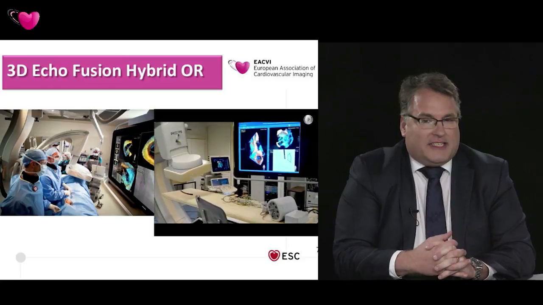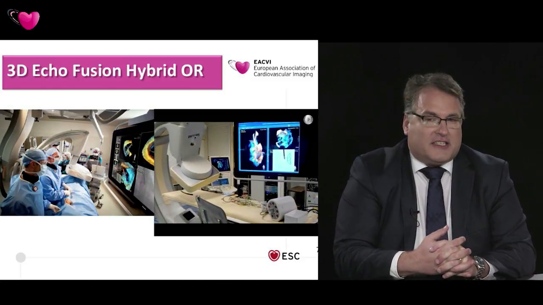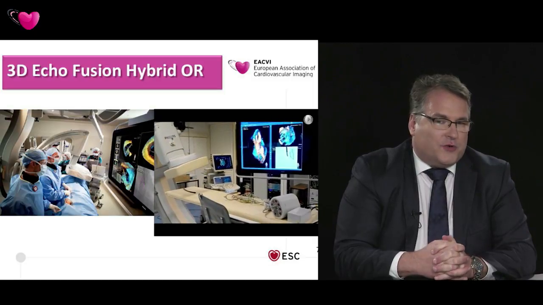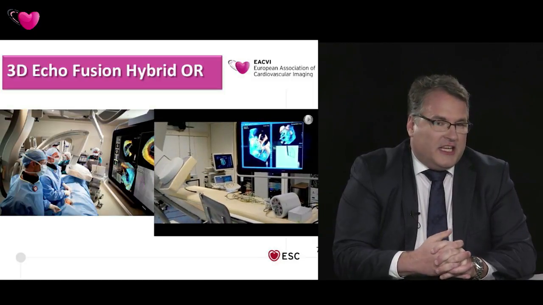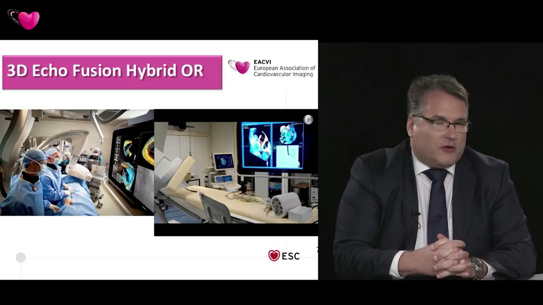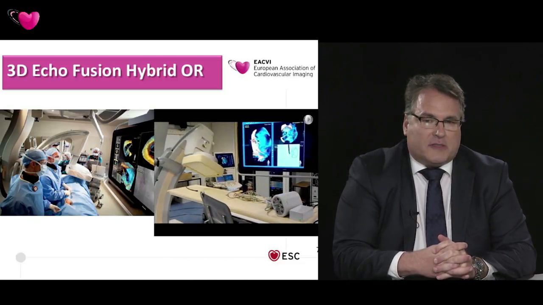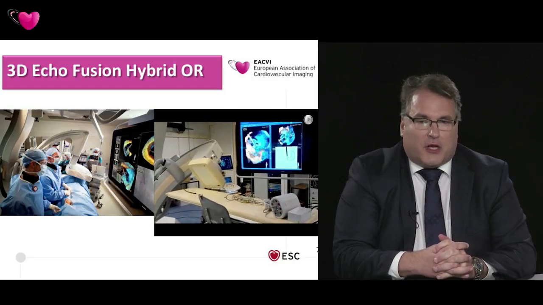And one of the nice settings that we show here in this little video on the right-hand side is that we're able to image the TOE probe and to determine the orientation of the three-dimensional echo image in space and in the body of the patient.